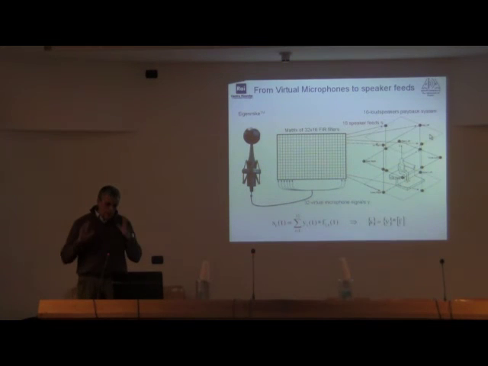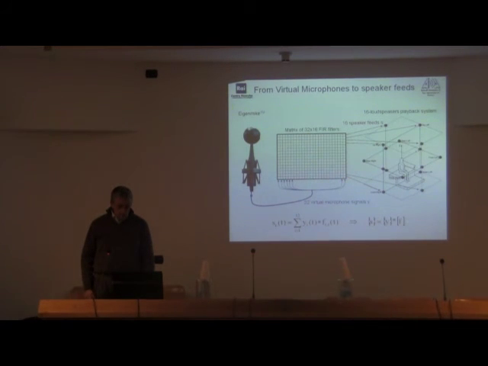The spatial PCM sampling can also be a very good way for rendering the recording because, again, with a matrix of FIR filters, we can feed directly the loudspeakers in a loudspeaker array, recreating the sound field inside the listening room, inside the playback system, which replicates the original recording made with the Eigenmic in the original room.